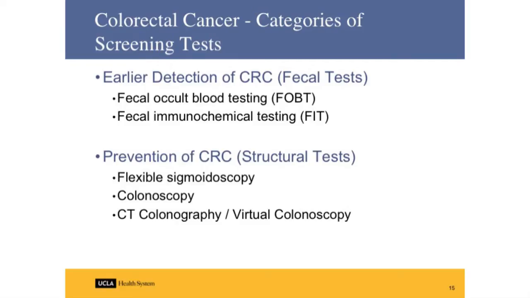Then there's prevention of colorectal cancer, which are the structural tests, and those include the flexible sigmoidoscopy, colonoscopy, and then, which is relatively newer and has come up in the last 10 years, CT colonography, or a virtual colonoscopy, as it's also referred to.